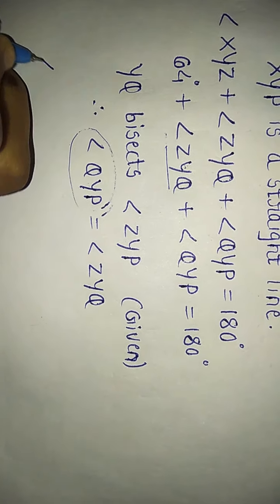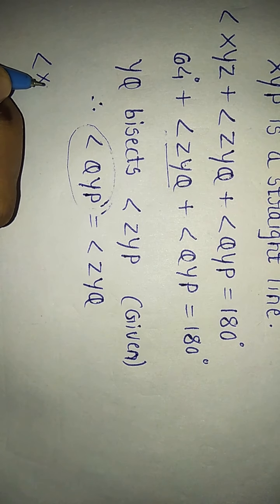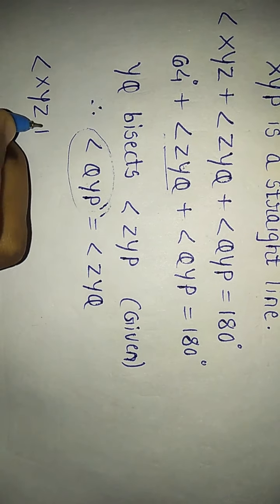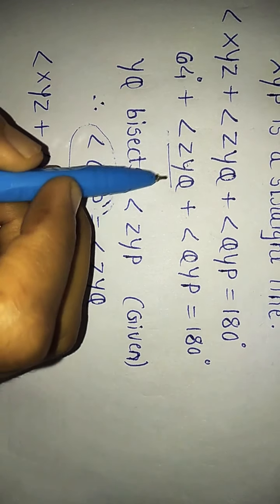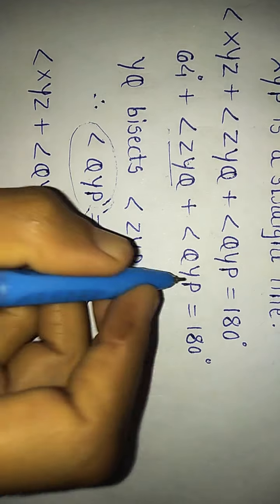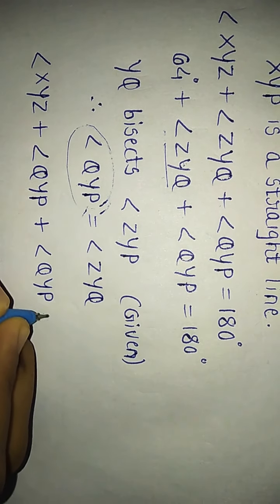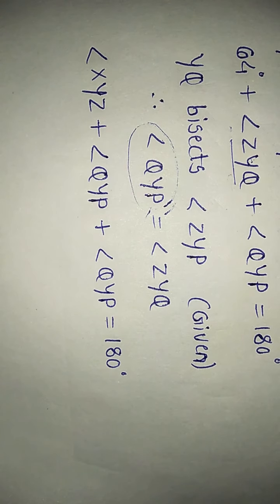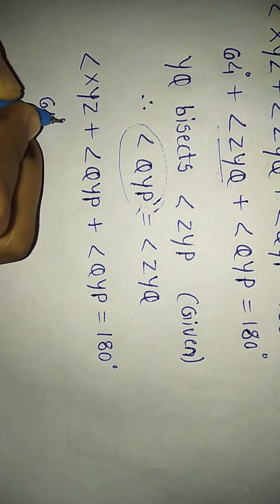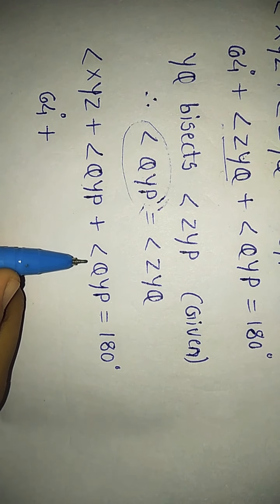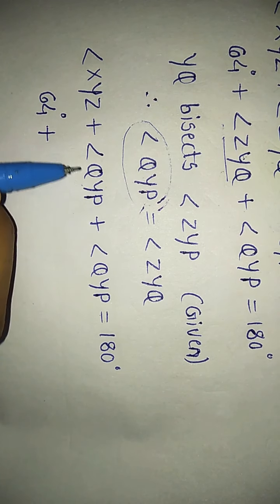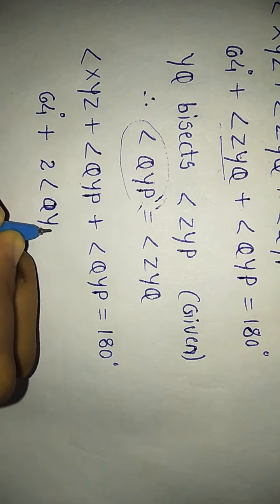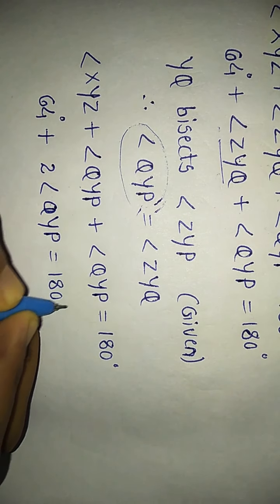So, the equation becomes angle XYZ plus angle QYP, because in place of ZYQ we wrote QYP, plus QYP which is already there, is equal to 180 degree. Now XYZ value we already have, which is 64 degree. Now these two are the same. X plus X is 2X, Y plus Y is 2Y. So angle QYP plus QYP will give us 2 angle QYP is equal to 180 degree.